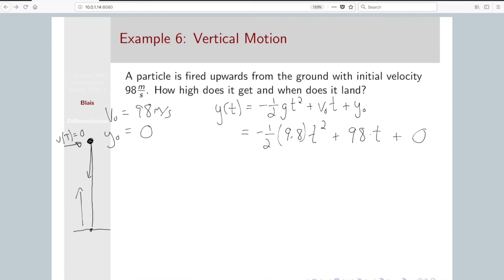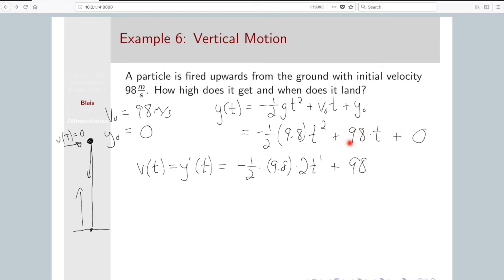So in order to do that, we'll need the velocity function, which again is the derivative of your position function, and use your power rule. So we have t squared here, so the 2 comes out front. So we still have that minus 1/2, the 9.8, but then we have 2t to the 1.